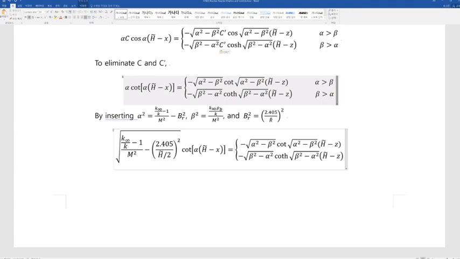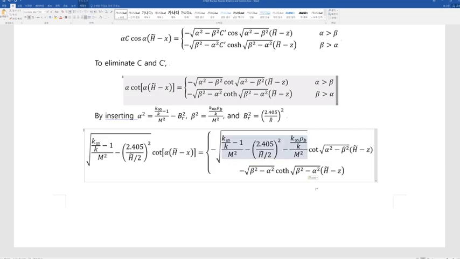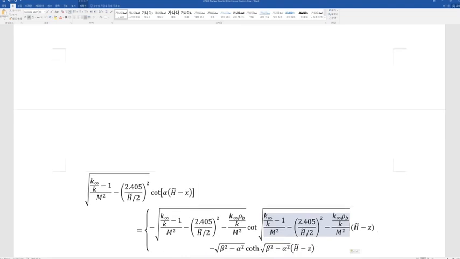So in the right-hand side, beta squared, this would be alpha squared minus this would be beta squared. And alpha squared minus beta squared will be the same.